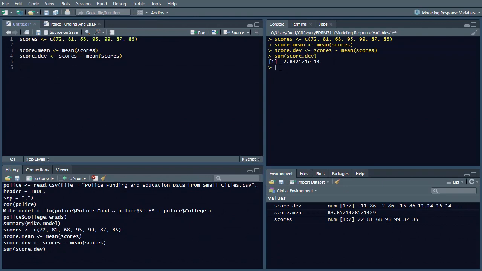So if we were to look at the sum of deviation scores, it's not going to help us understand variability. It turns out to be 0. And the reason for that is, as you can see down here looking at the deviation scores, we have some of them that are negative and some of them that are positive, and they cancel each other out.